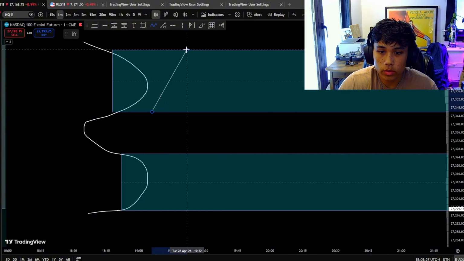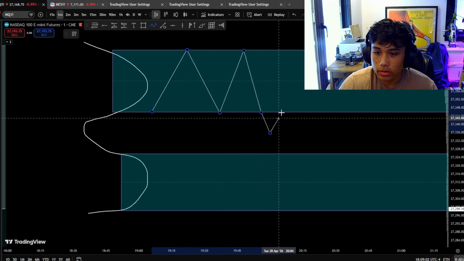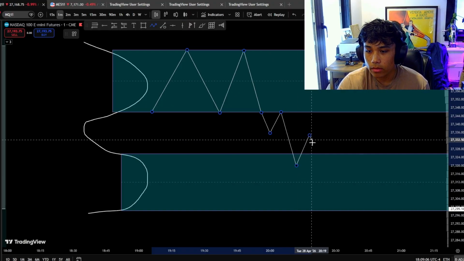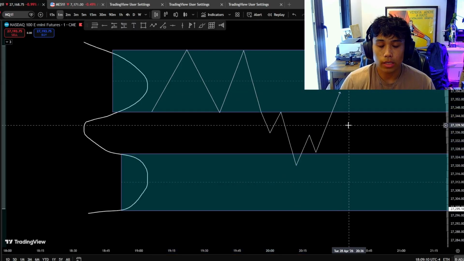So we'll move in between this balance before moving out, maybe retesting, moving to another balance, then coming back out, retesting, and moving back into this balance. So that's what auction market theory and volume profile are. You use them together and it is a recipe for success.